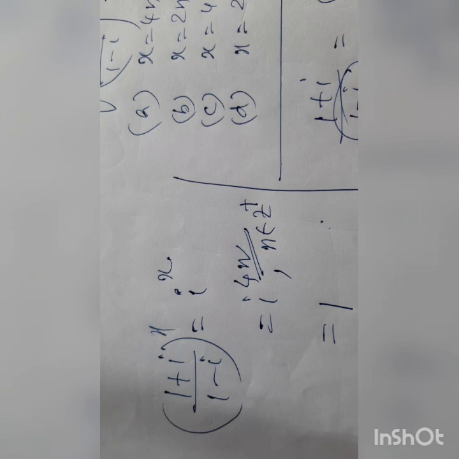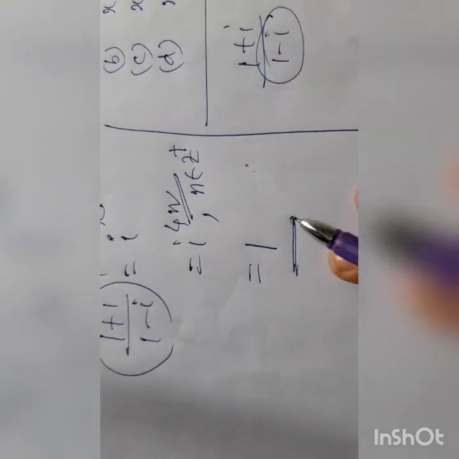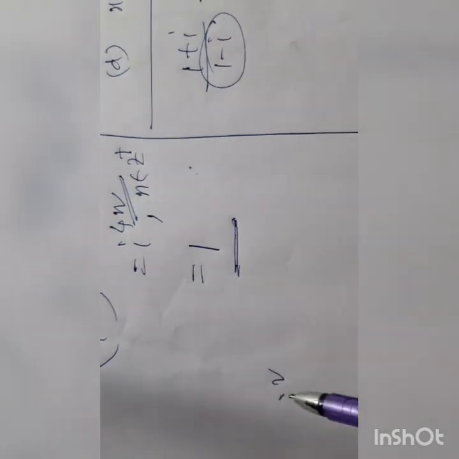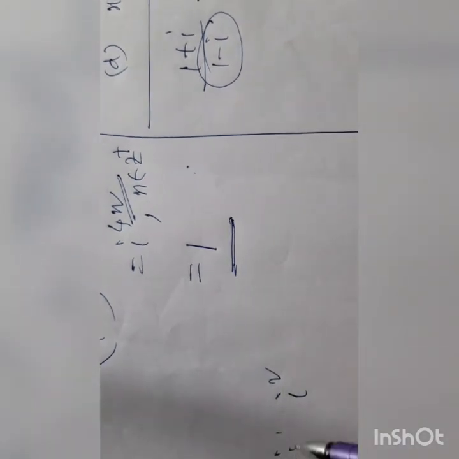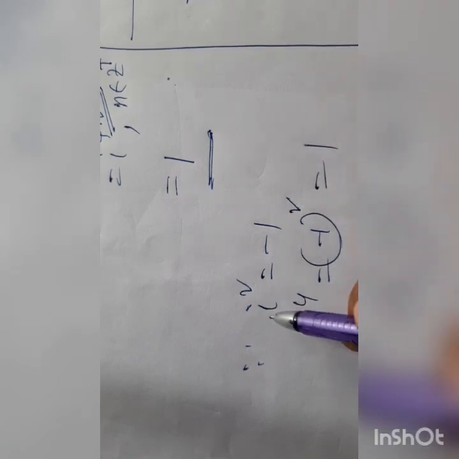Therefore n is any positive number. For this, since i square equals minus 1, i power 4 equals minus 1 whole square equals 1.